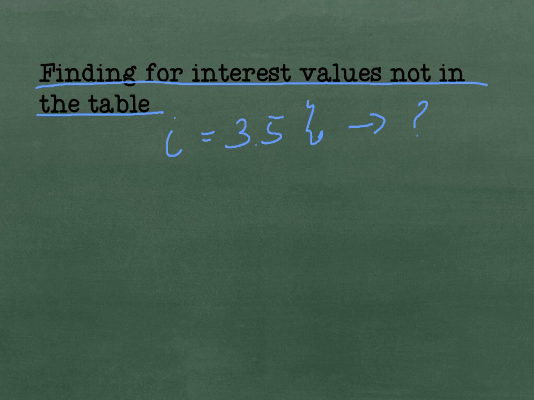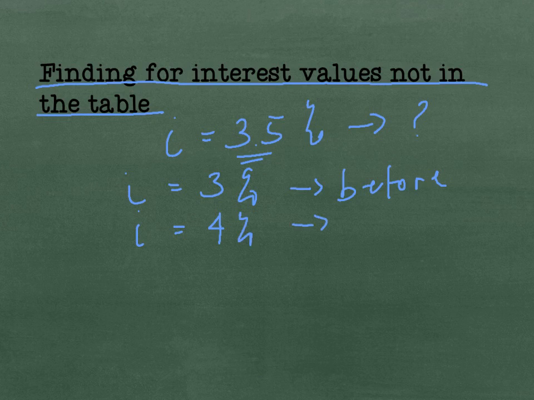First, you have to look for the table factors of interest values immediately before and immediately after the interest value 3.5. So if you look at your table, you get the table factor for the interest value at 3%, which is immediately before, and also the table factor for an interest value of 4%, which is immediately after.